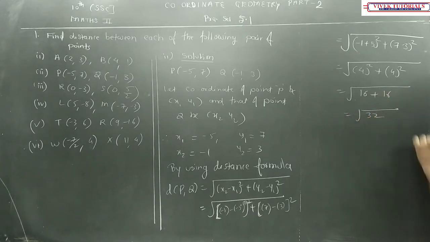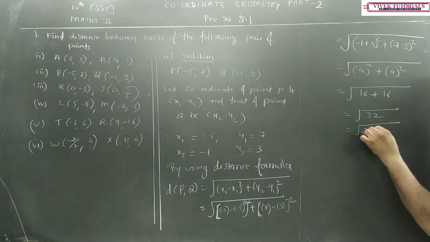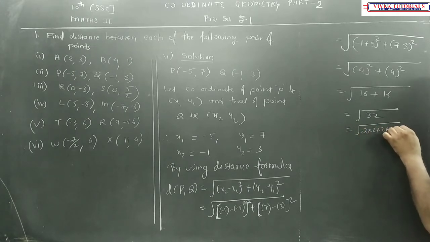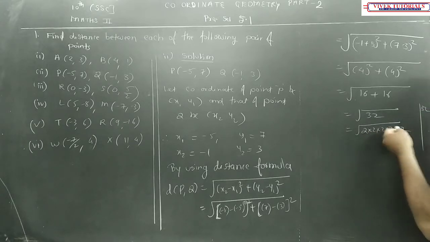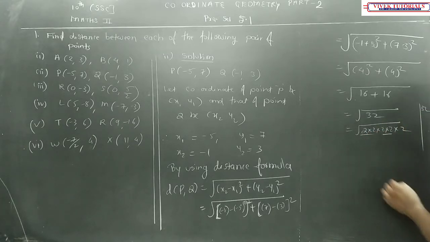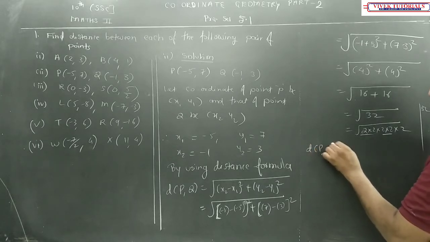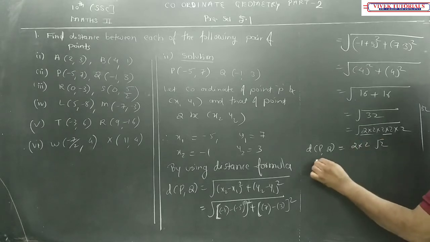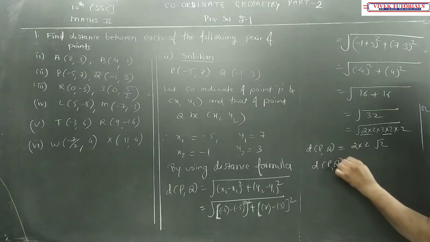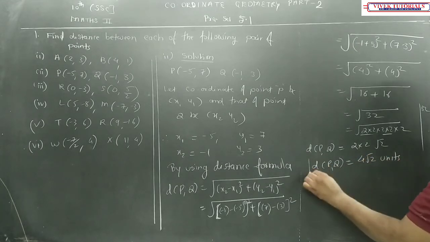It becomes 32. 32, we are going to find out the factors. That is 2 into 2 into 2 into 2 into 2. Correct? So here you can write it as 16 into 2. We know that the square root of 16 is 4. Therefore, distance PQ is equal to 2 into 2 root 2, or distance PQ is equal to 4 root 2 units.